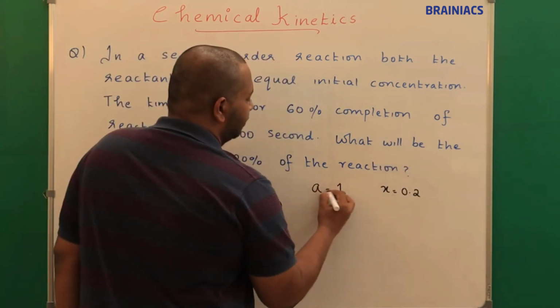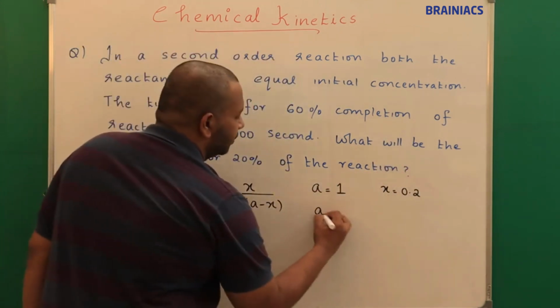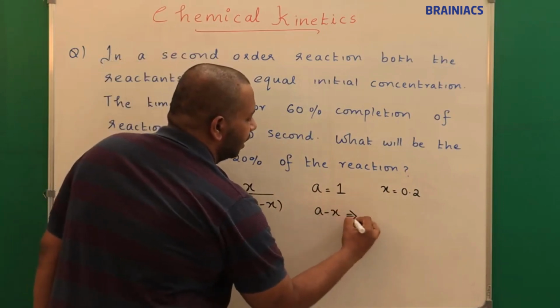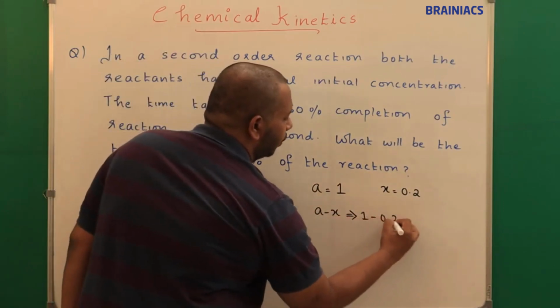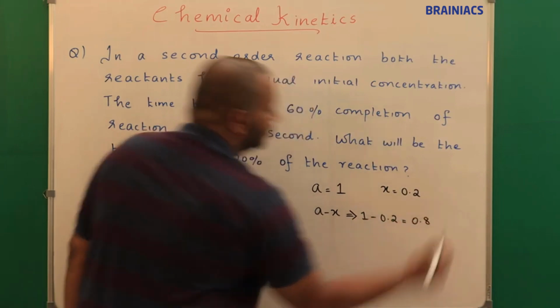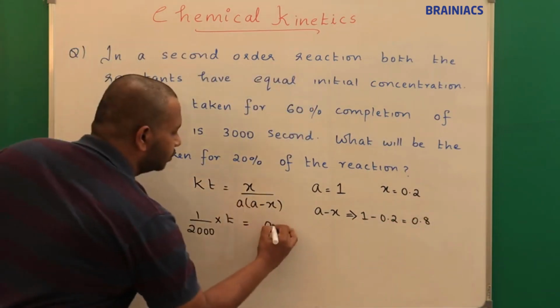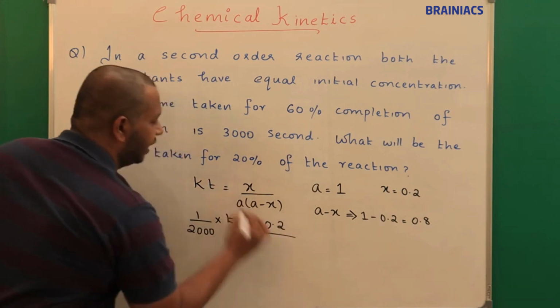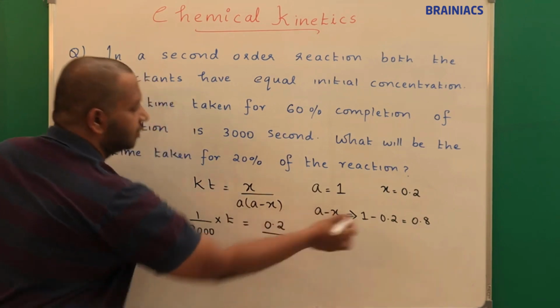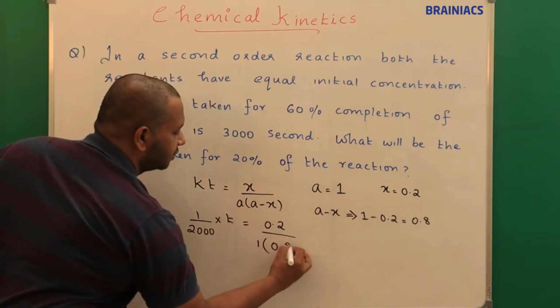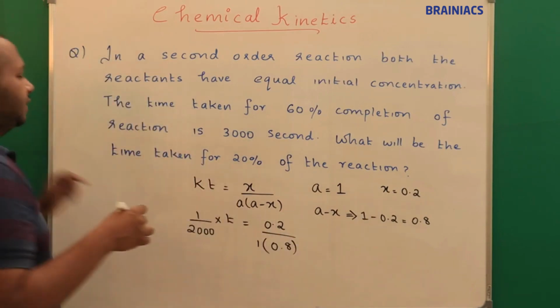So A is initially 1. Now tell me what is A minus X. A minus X is equal to 1 minus 0.2, that is 0.8. So let's apply that. X is 0.2 divided by A is 1 into A minus X is 0.8. So let's calculate this.